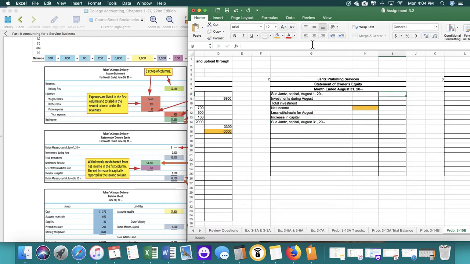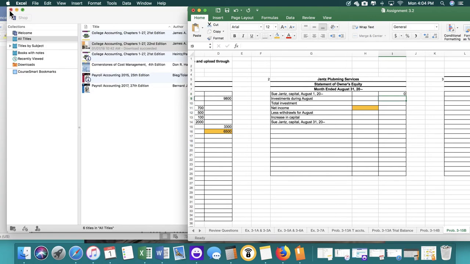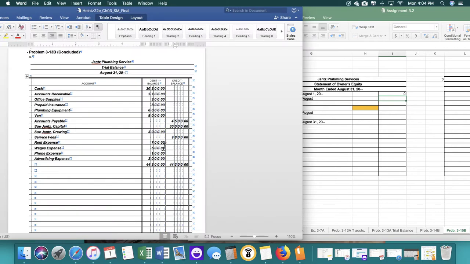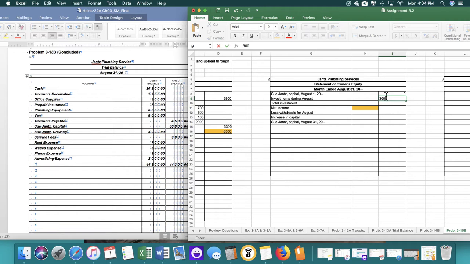So the capital at the beginning of the month is usually going to be 0. The investments for August would be the $30,000. So our total investment is $30,000. Our net income is $6,500.